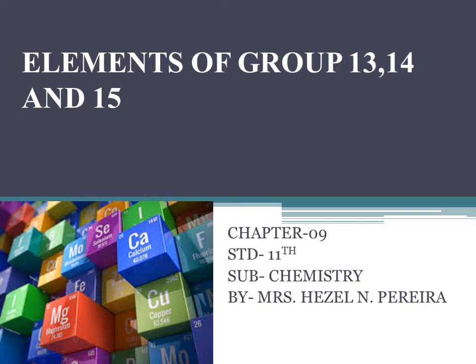We also know that bond formation requires a certain amount of energy. But if the energy required to unpair the paired s electrons is more than the energy evolved in bond formation, then also the inert pair effect arises. So students, this was all that we studied in our previous video lecture.